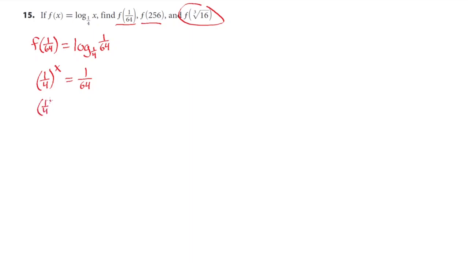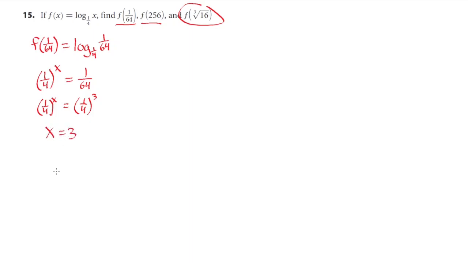I'm going to have 1/4 to the power of x equals 1/4 to what power? So 1/4 times 1/4 is 1/16, times 1/4 again is going to be 1/64. So 1 over 64 is the same as 1/4 to the power of 3. So that means that x is 3.